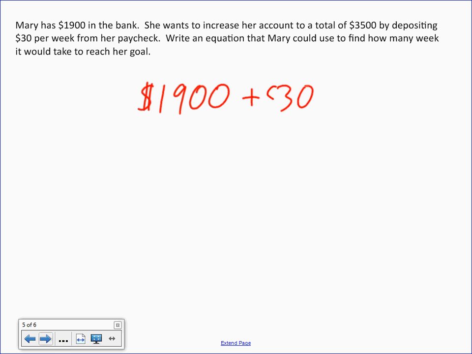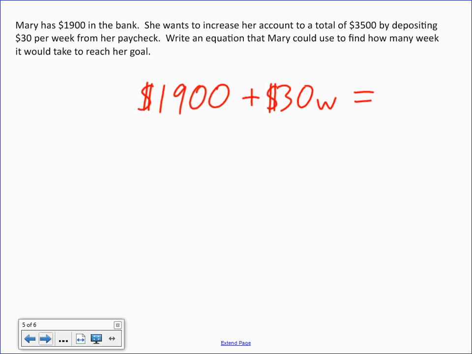It's $30 for every week. We're going to multiply by the number of weeks. If it's 2 weeks, it'd be 30 times 2. She'd put in $60. If it's 3 weeks, it'd be 30 times 3, $90. So it's 30 per week. I mentioned earlier when we decided the notation that per means we're going to end up multiplying.